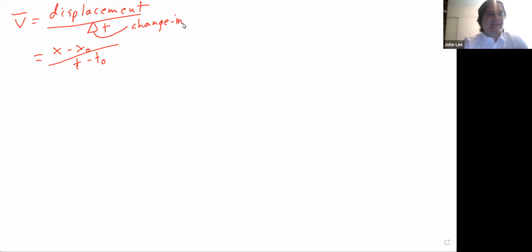This bar over the v means that it's the average value. So the average value of velocity is x minus x naught over t minus t naught.